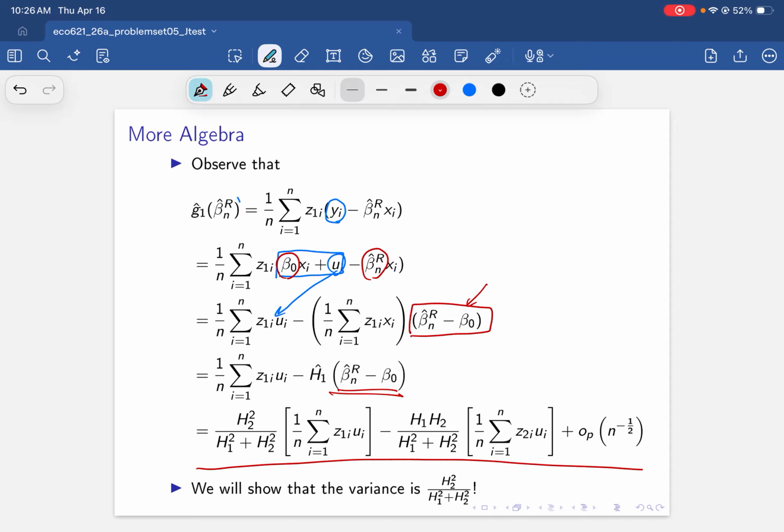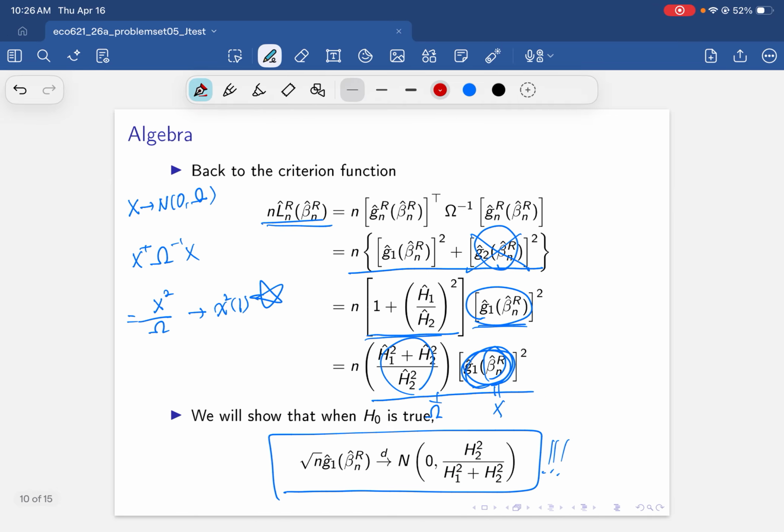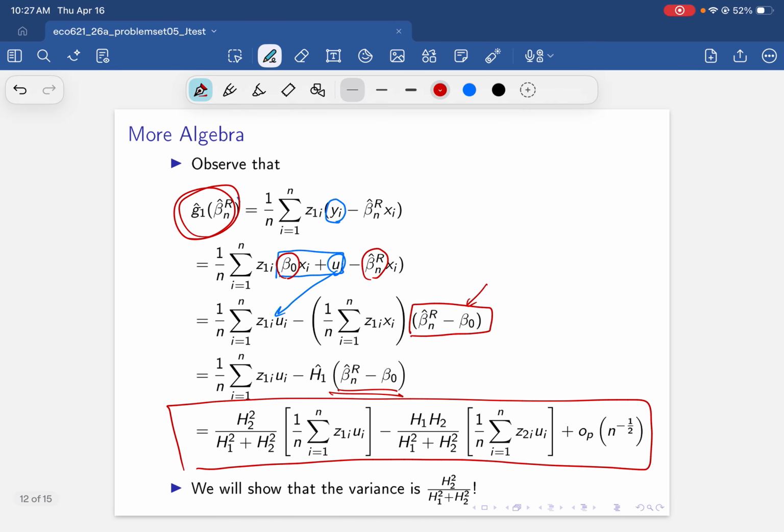Then you will get this guy. This is the sample moment. Remember, our goal is to show this. We want to show that the first sample moment has asymptotic variance of this form.